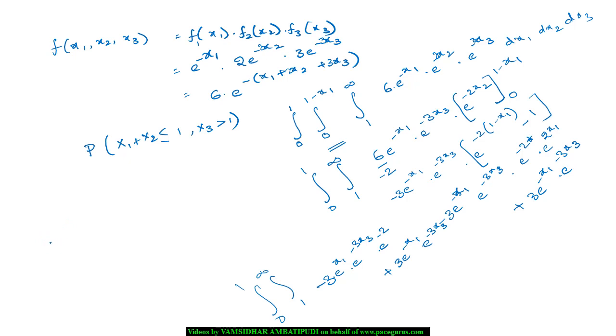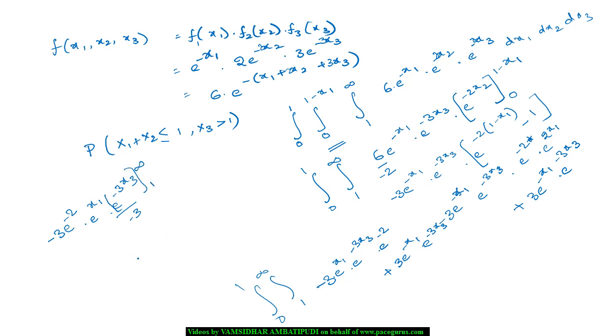So I'll take it as minus 3 e to the power of minus 2 e to the power of x1 and e to the power of minus 3x3 divided by minus 3. This I am integrating between infinity and 1.